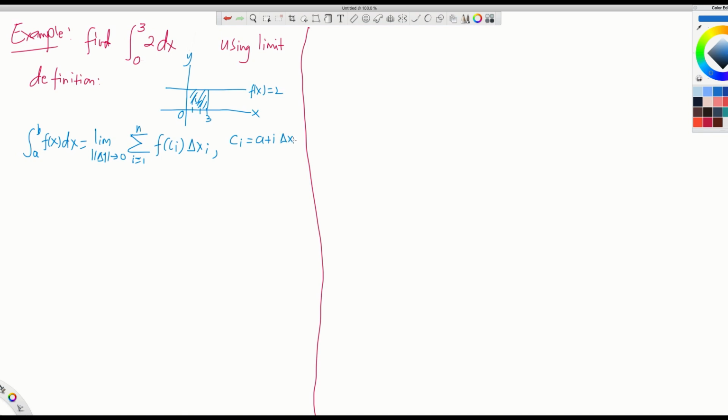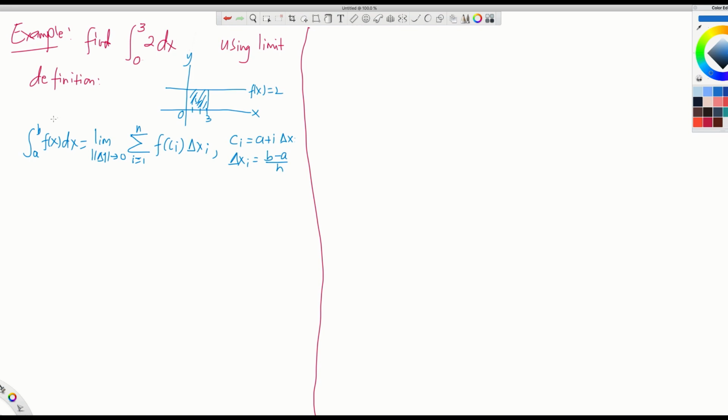And delta xi is (b minus a) over n. This is what you use to find ci and delta xi, and then we just plug in those values. You can write delta xi or just delta x, but we use exactly the same value to find ci.